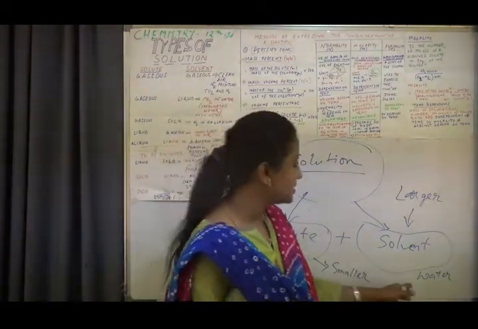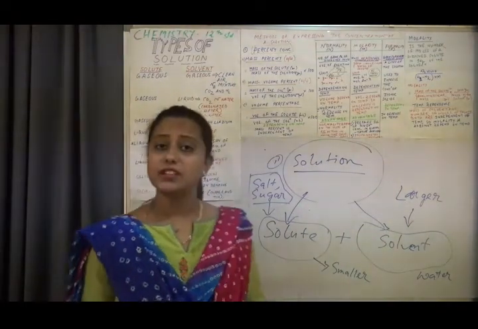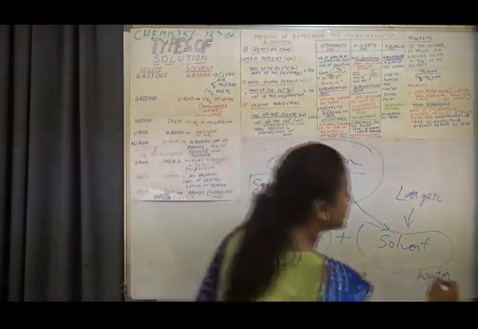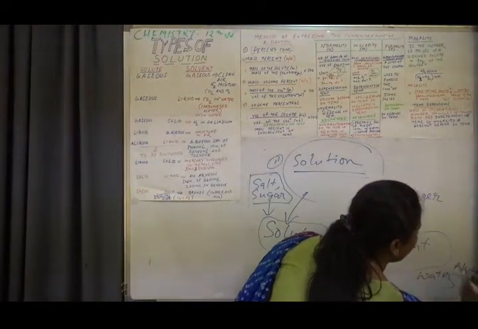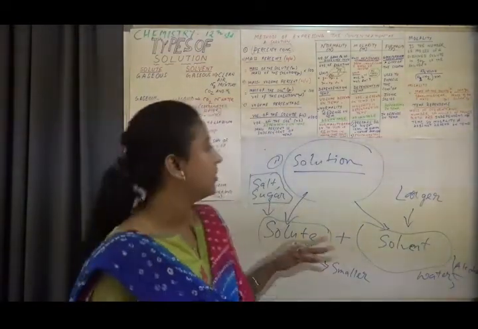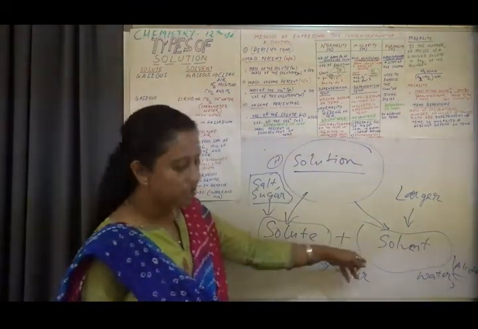Because in water all the solutes can dissolve. So it can be water, it can be alcohol and many other things. I hope all of you have understood the terms solution, solute and solvent.